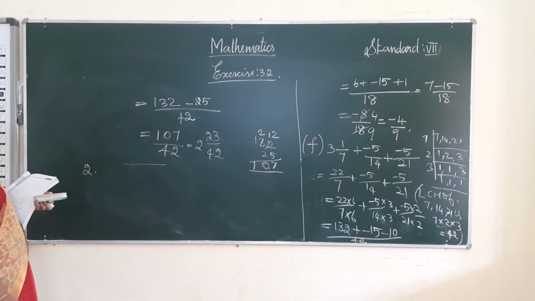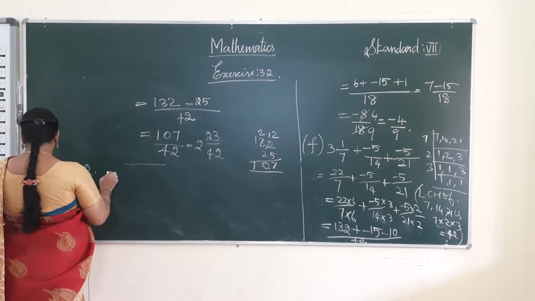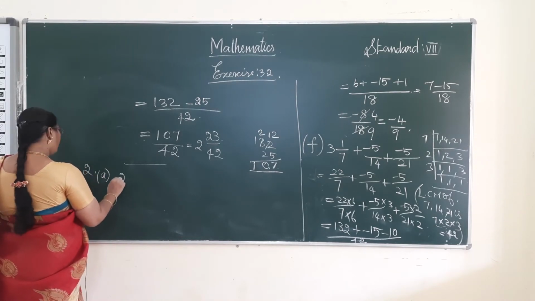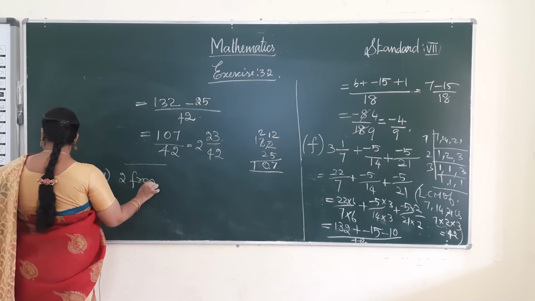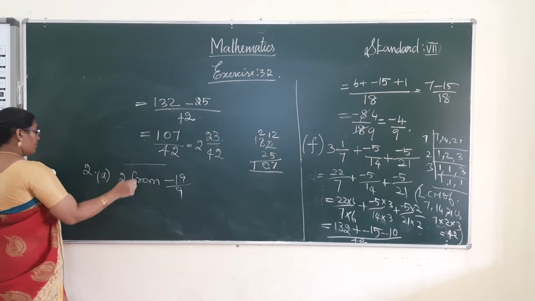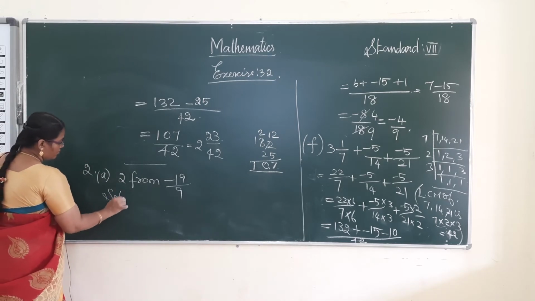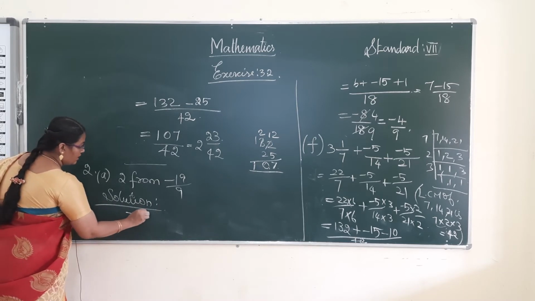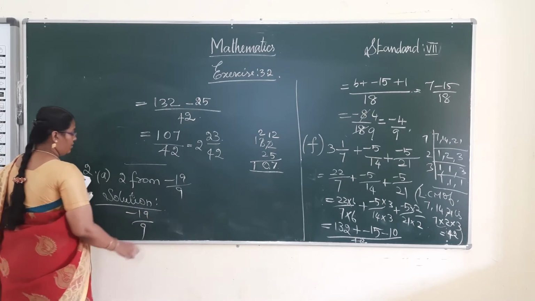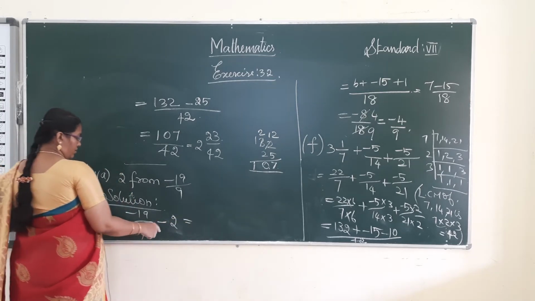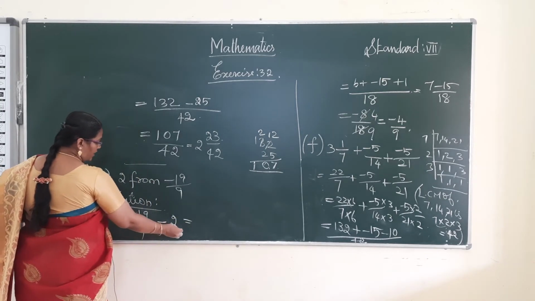Subtract the following. First problem: subtract 2 from minus 19 by 9. Solution: minus 19 by 9 minus 2 is equal to... Here the denominator value is 1.